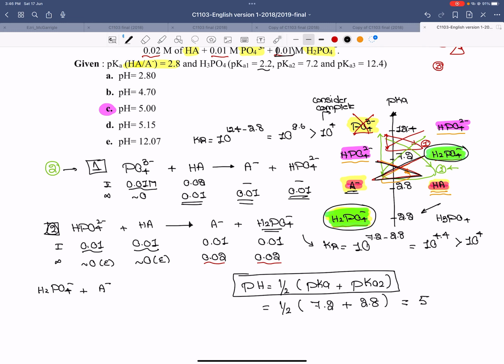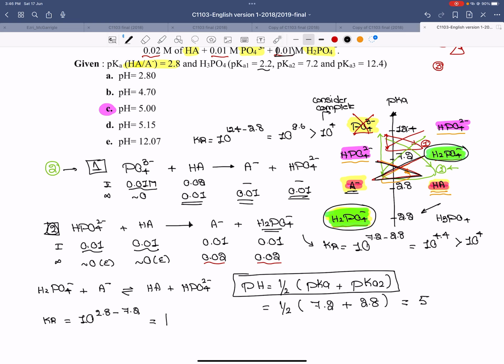Again, I'm going to leave it as a void to give me HA plus HPO4 minus, PO4 2 minus, sorry. This will definitely be this type of error. Why? Because for a reaction with an anti-gamma, your Kr is equal to 10 to the power. Flip it. Instead of doing the larger pKa minus the smaller pKa, take the smaller pKa minus the larger pKa. Why? Because it's in an anti-gamma direction.